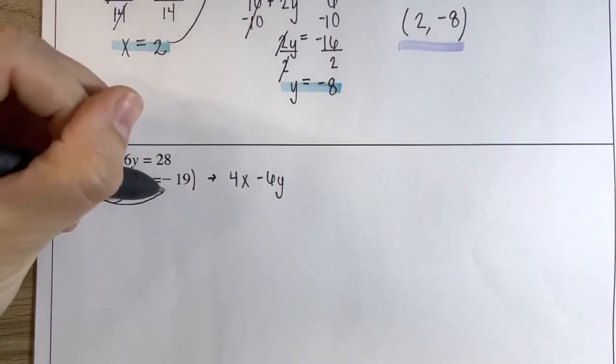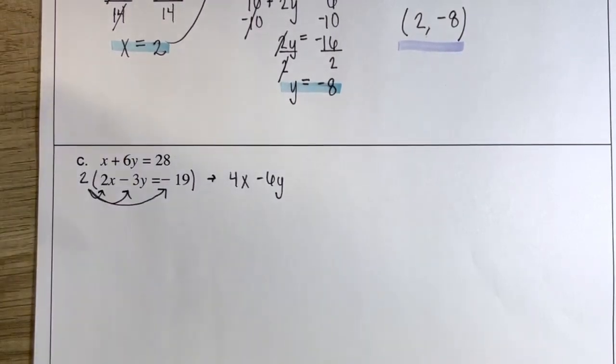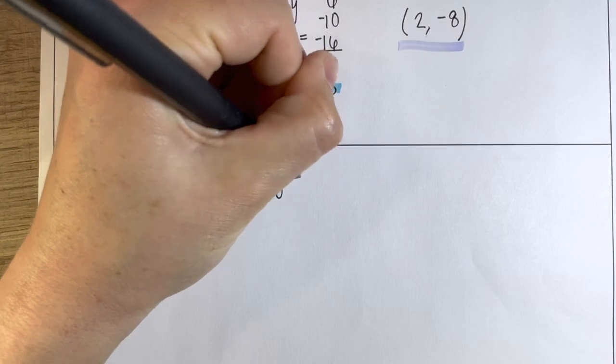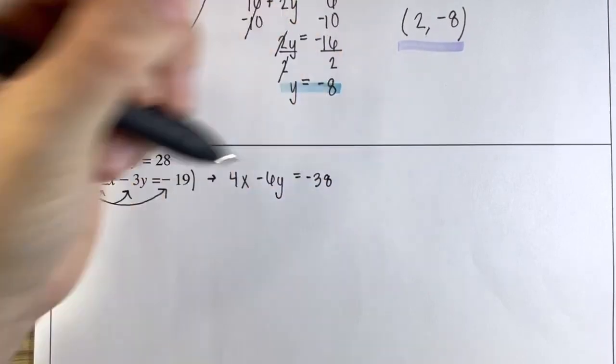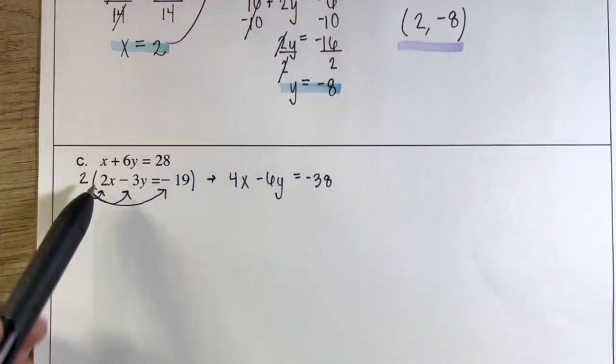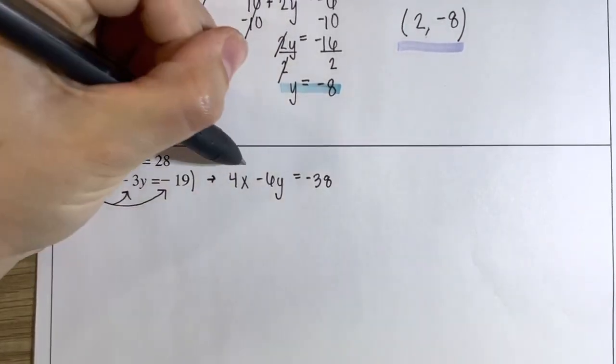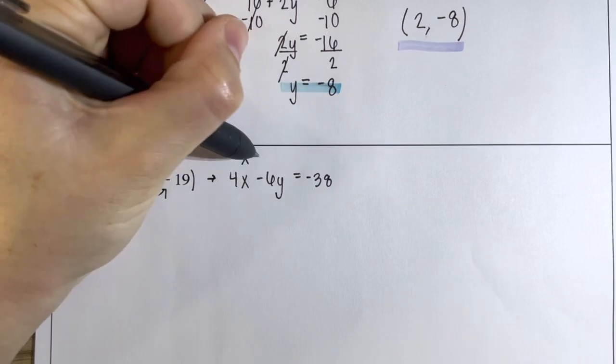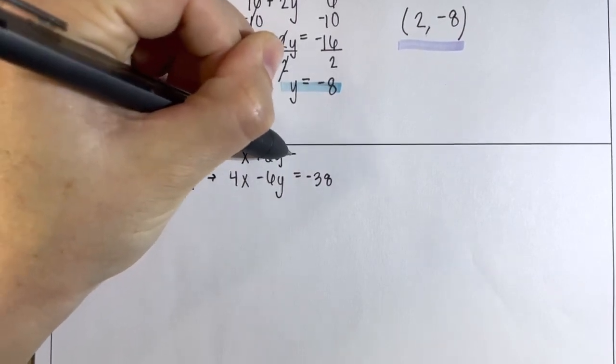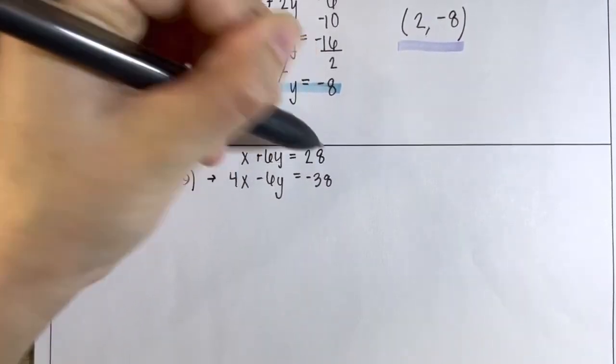And then 2 times negative 19, that becomes negative 38. And then the first equation is going to stay the same, so we're just going to write it over the top. So x plus 6y equals 28.